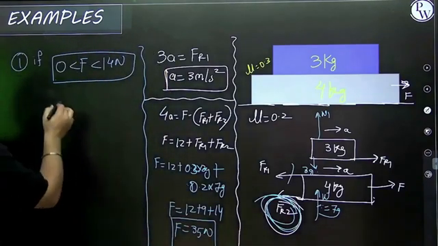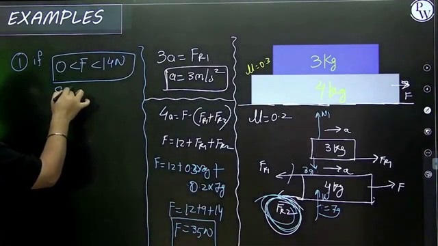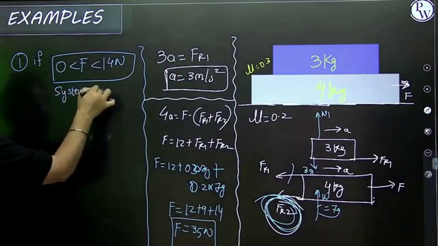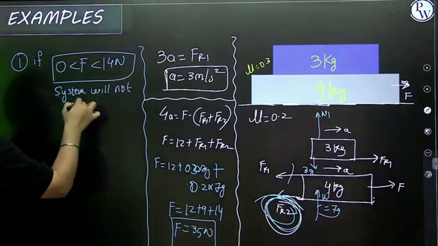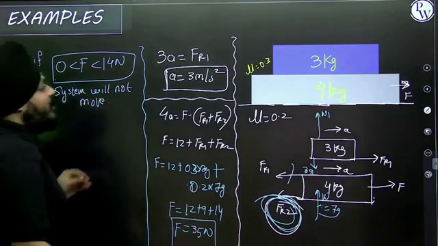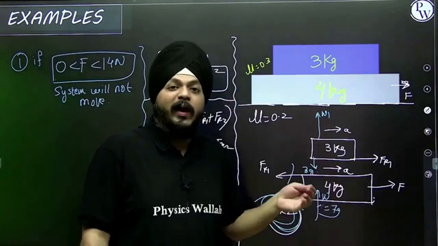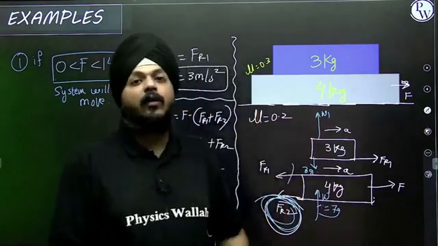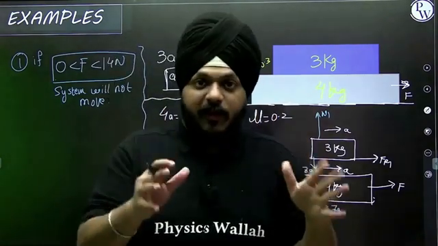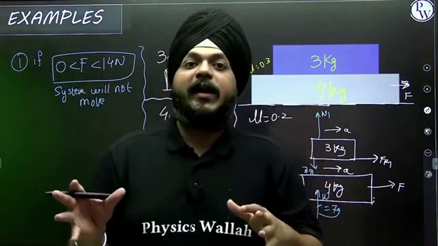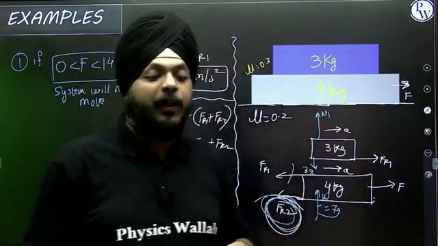It's a very simple thing. The entire system will not move. If the system is not moving, how are we going to identify whether the blocks will get separated or not?